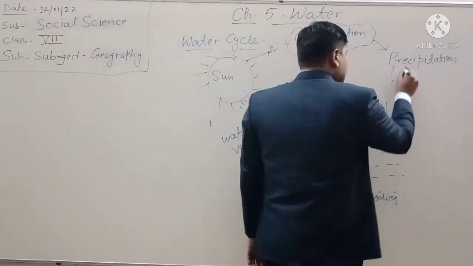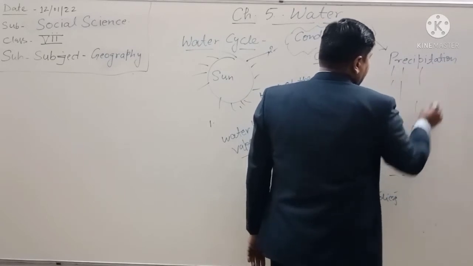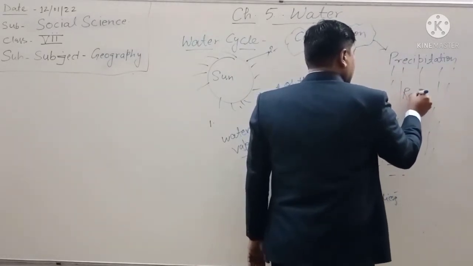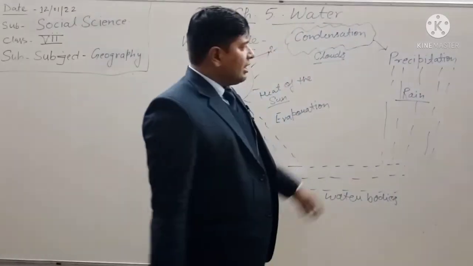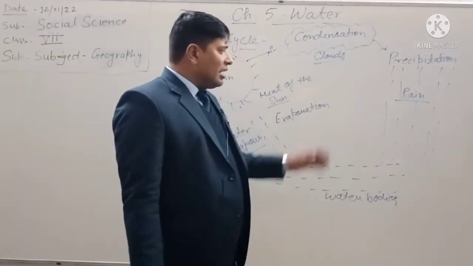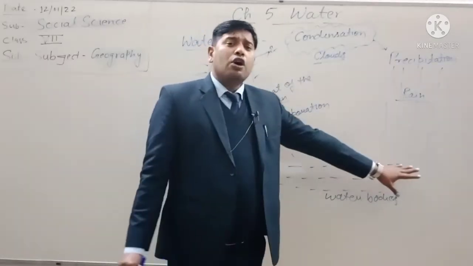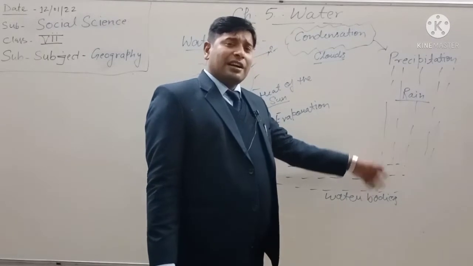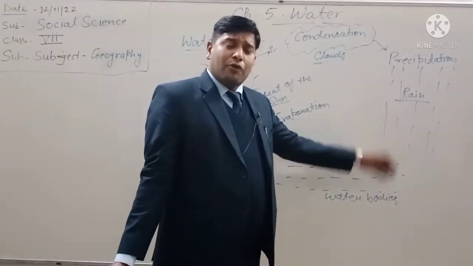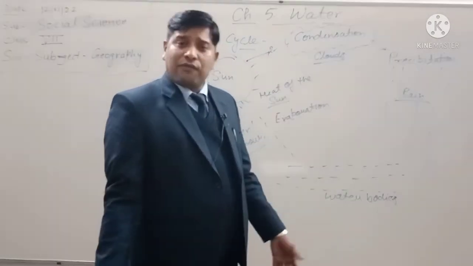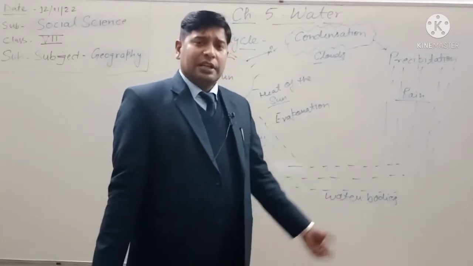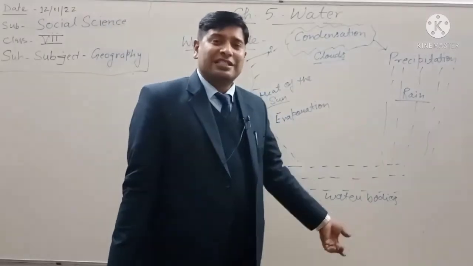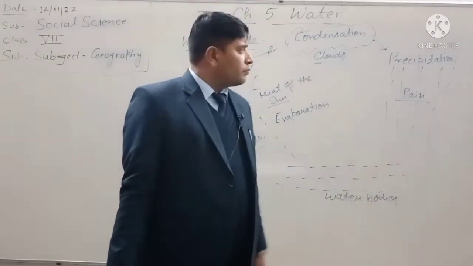Precipitation occurs in the form of rain, and finally it returns to the water bodies. And when rainfall occurs in hilly areas or mountain ranges where it is very cold, it freezes and falls in the form of snow and sleet.